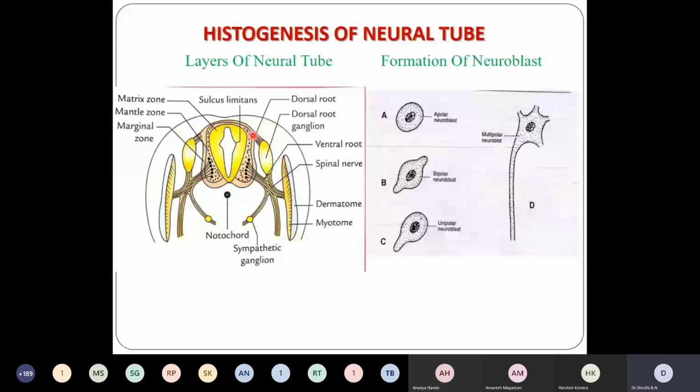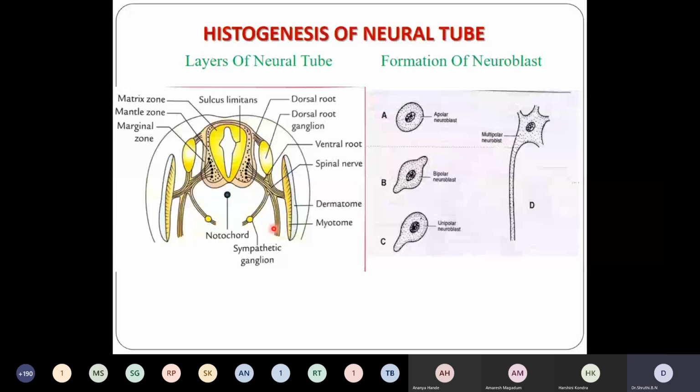The next stage is the formation of gray and white columns, right? Neurons of basal lamina form the anterior horn. The nerve cells of the alar lamina form the posterior horn. Okay, many neurons also form the interneurons.